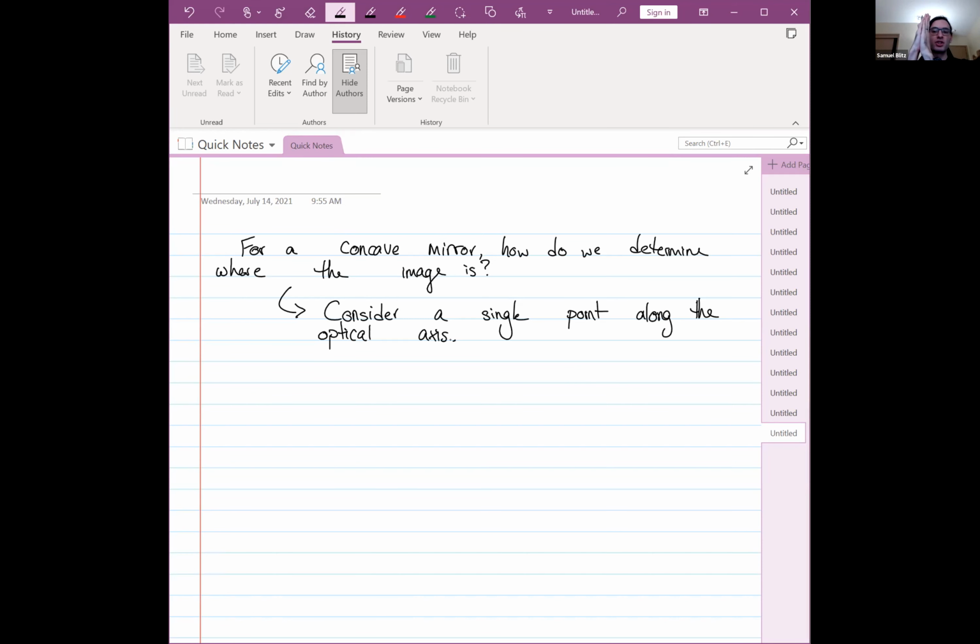They will keep the image vertical if the object is vertical. So we can just imagine putting a single point on the optical axis, and the location of the image formed from that single point will be the same as the location of an image formed by an object at that point.